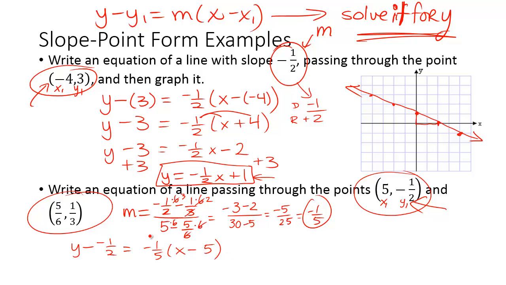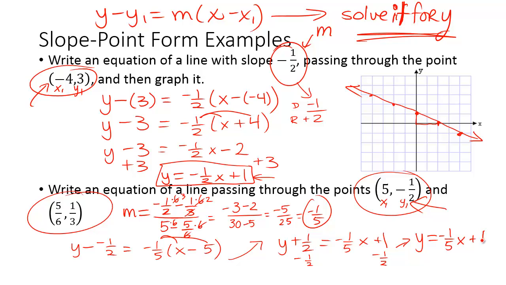And that way when I go through it and distribute that, this is y plus 1/2 equals negative 1/5 x plus, what's 1/5 times 5? Positive 1. And then I just have to subtract the half from both sides, which leaves me with y equals negative 1/5 x plus a half. I think I saw that in a couple places. You guys got it?